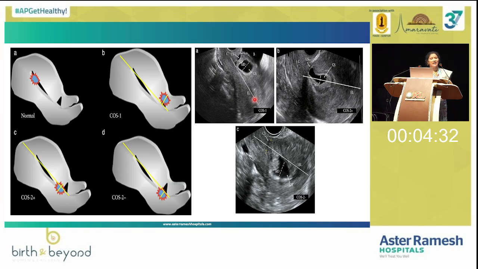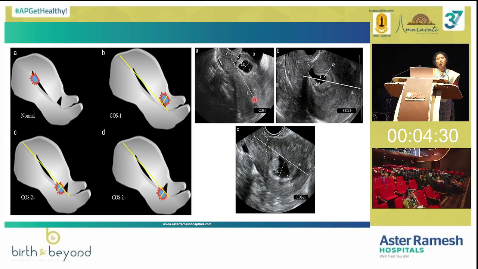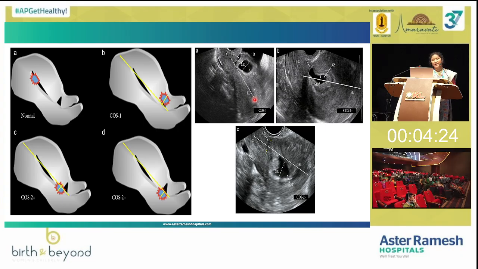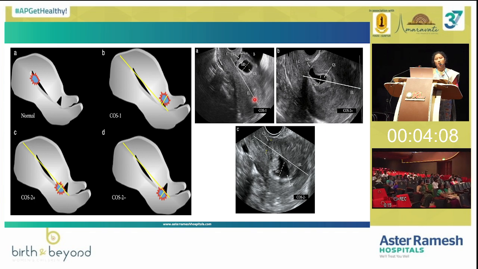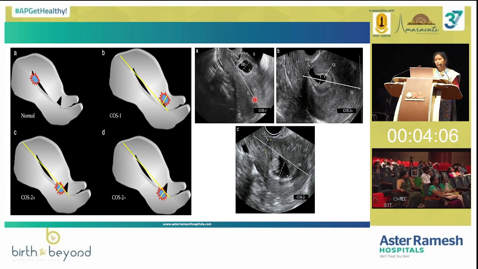This is a crossover sign, which tells us which caesarean scar pregnancy develops into placenta accreta. This is the sagittal section of the uterus. We need to draw one line from the fundus to the internal os of the cervix, and a perpendicular line from this midline to the scar area. If the gestational sac is implanted completely above the sagittal line, the chance of accreta will be more than in COS 2 minus.